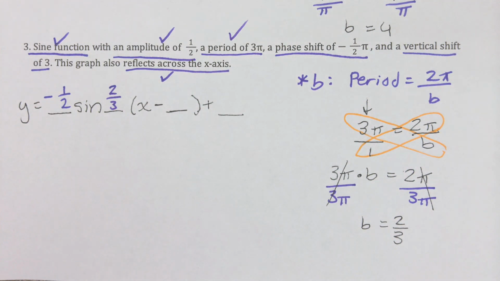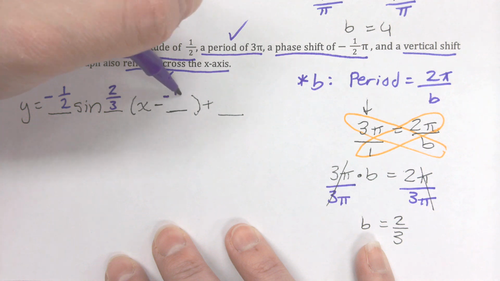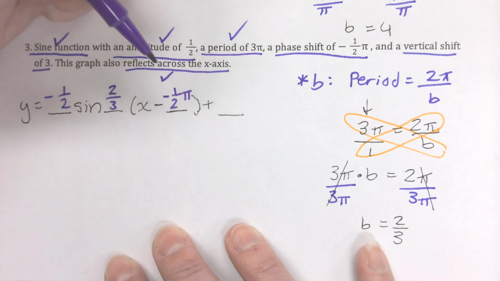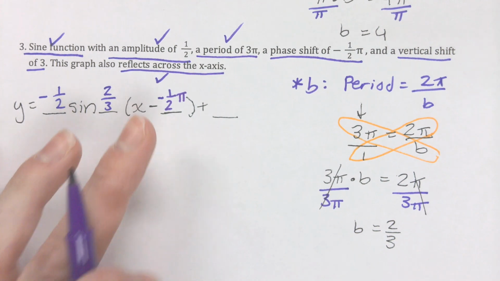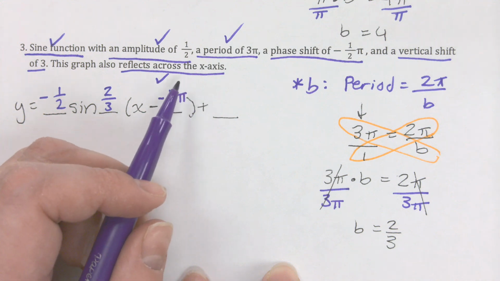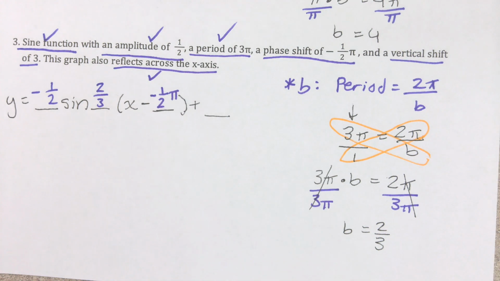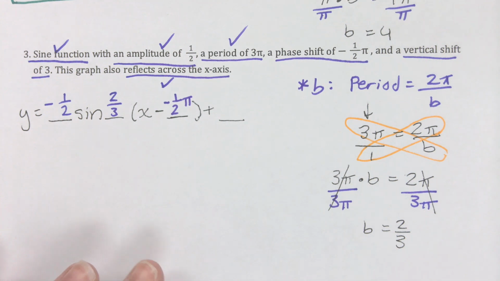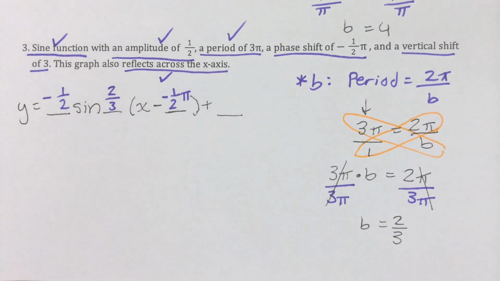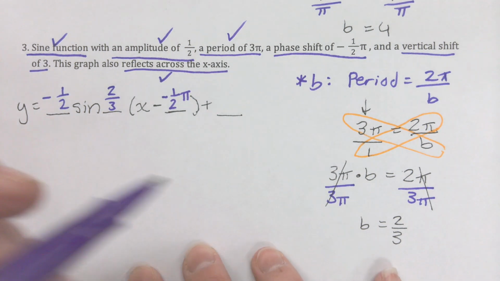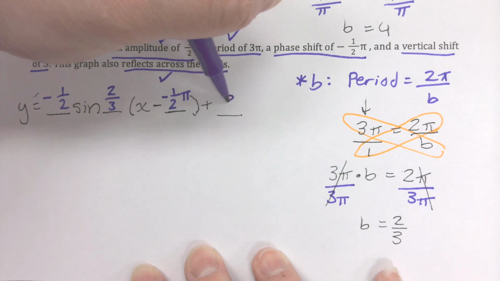Phase shift of negative a half pi, I'll fill that in. Also, if you didn't notice, I'm intentionally writing this pi higher up so it doesn't look like the pi is in the denominator of the fraction. I don't make a big deal about it, but that is technically a big deal, so be careful when you write that. Vertical shift of 3, plus 3 at the end.